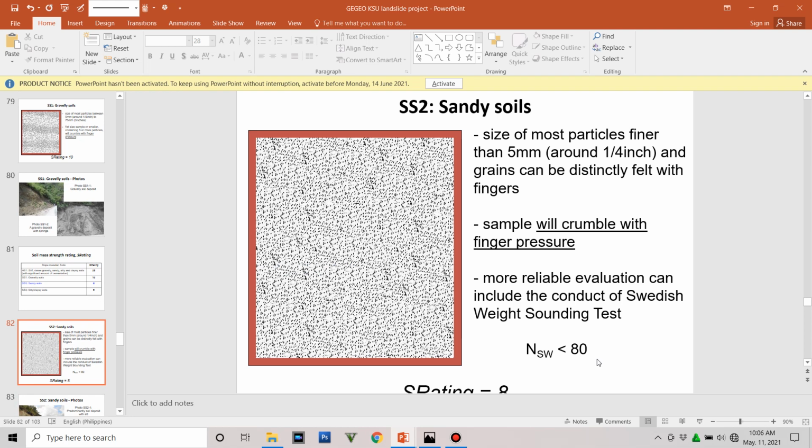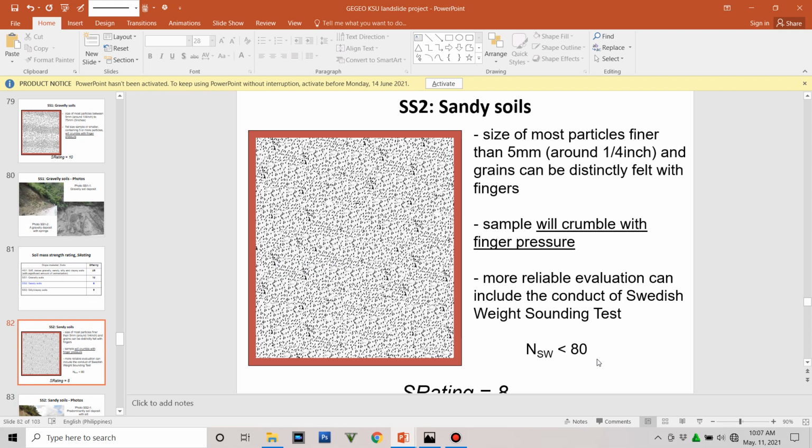Kapag hinipo mo yung sandy soils, parang liha siya kasi magaspang siya. Unlike sa gravelly soil, mafe-feel mo pa rin yung size ng pebbles. But in this one, buhangin, something magaspang or rough in nature. Just the same with that of the gravelly soils, it will crumble with the finger pressure.